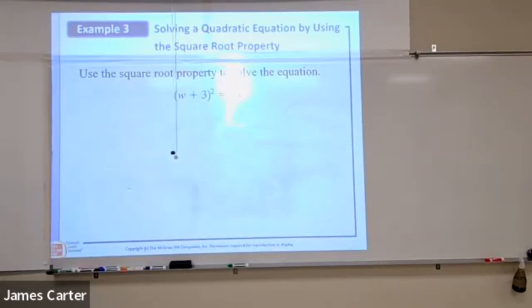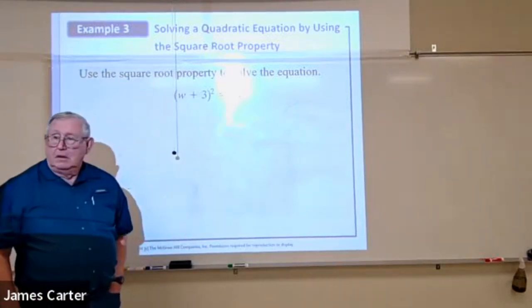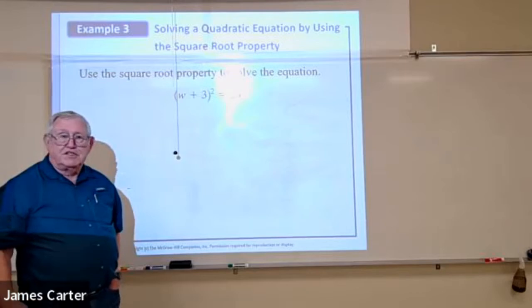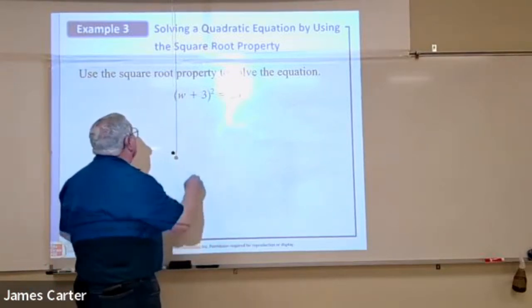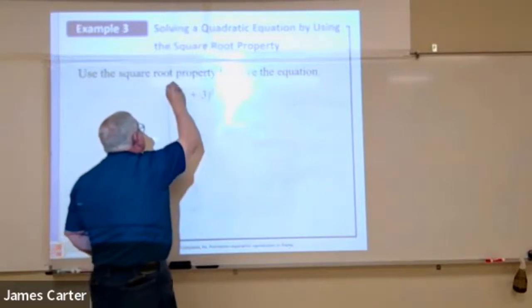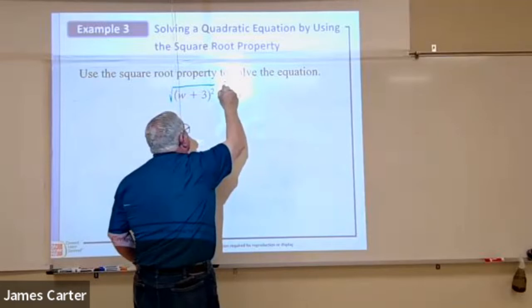Square root property to solve this one. This one has a slightly different look, but it's still something squared equals a number. So it still fits the general format. Well, guess what I do? I take the square root of this whole thing, and I take the square root of that, plus or minus.